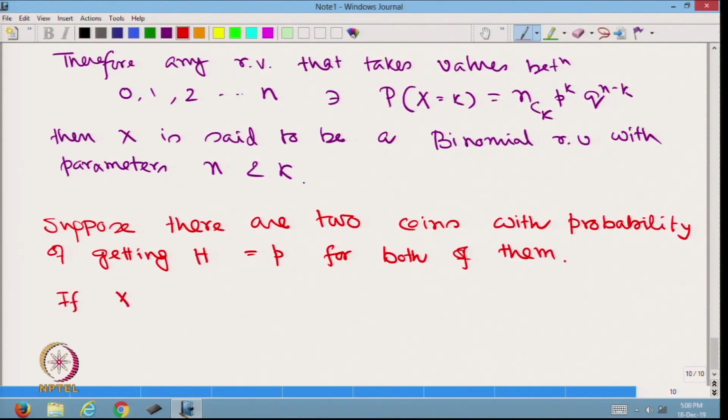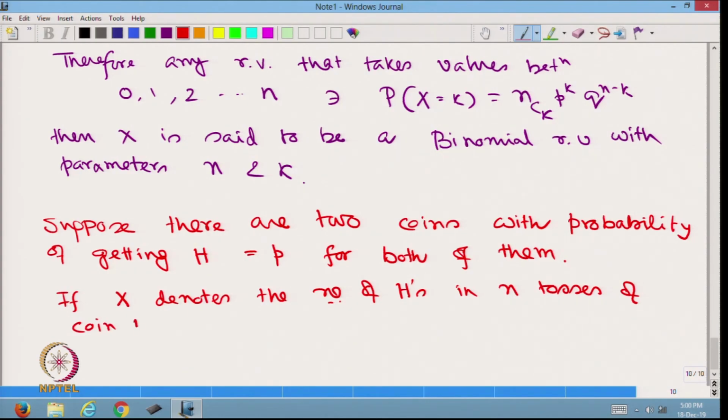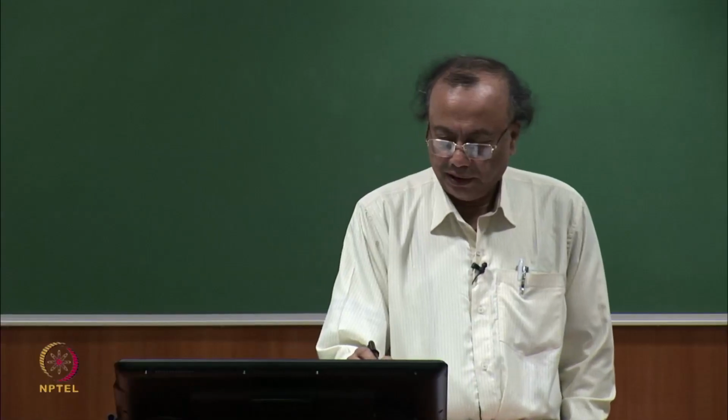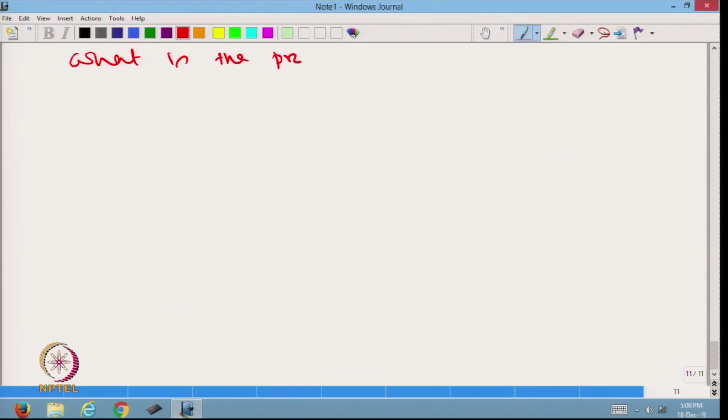If x denotes the number of heads in n tosses of coin 1 and y denotes the number of heads in m tosses of coin 2, what is the probability of getting k heads together?